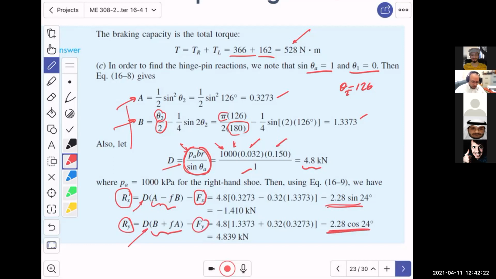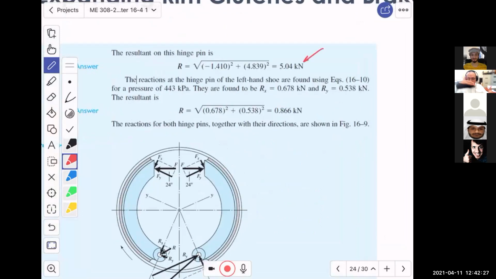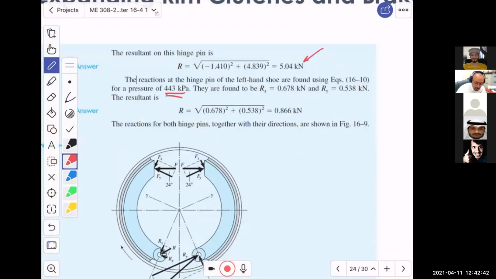You do this, you will get the resultant load acting in the pins that are pivoting the shoe on the right. You do the same by changing the pressure right here into 443, you see? And then you will be able to estimate Rx and Ry, and then you get the reaction.